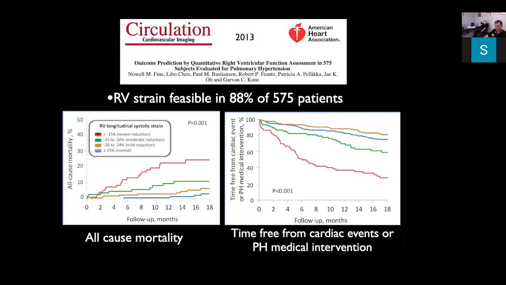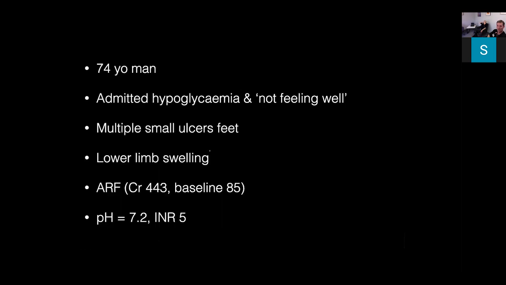They analyzed these prospectively, and then went back and collected the data, and they found that RV free wall strain is really good at predicting mortality and time to readmission to hospital, looking at these patients over a year and a half. It's pretty solid data to show that it's useful in pulmonary hypertension.